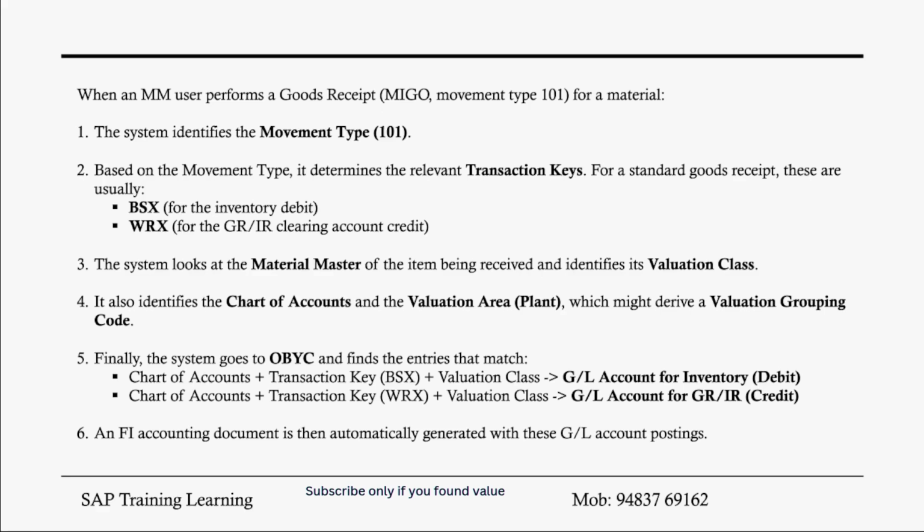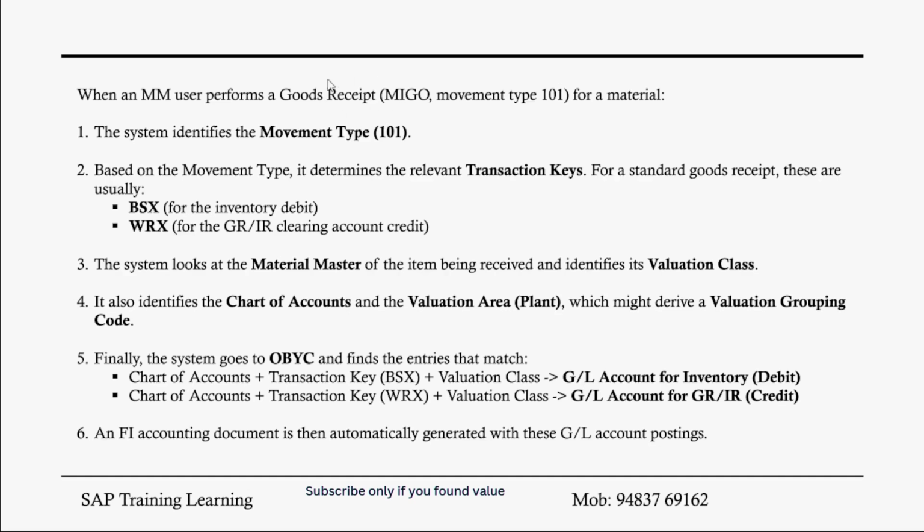But you want one GL account for finished goods stock, one more GL account for raw material goods receipt, and one more GL account for trading goods. Like that, you wanted not just one GL account for all goods received. Instead, you wanted one GL account for finished goods, another GL account for raw materials, and another GL account for trading goods and services.